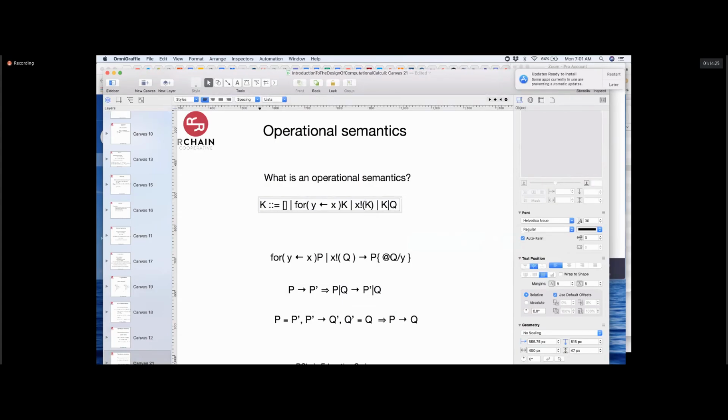And there, that's our notion of context. This gives us a way to place holes inside processes, or to knock a hole in a process. And now I can talk about the application of a context to a process, which is defined to be K, in which we have put P for the hole.